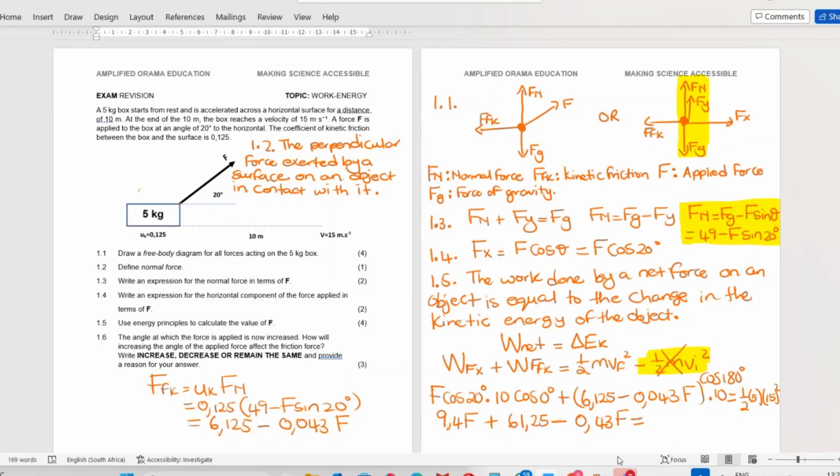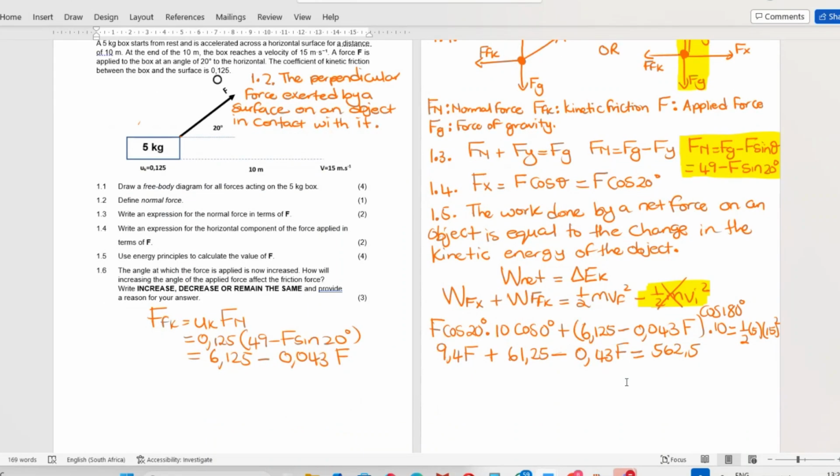And that is equal to 0.5 times 5 times 15 squared, right? After the equal sign, we're going to get 562.5. And then we're going to isolate F so that we can solve for F. So we're going to say 9.4 minus 0.43, we get 8.97 F. And let's bring everything to the other side.